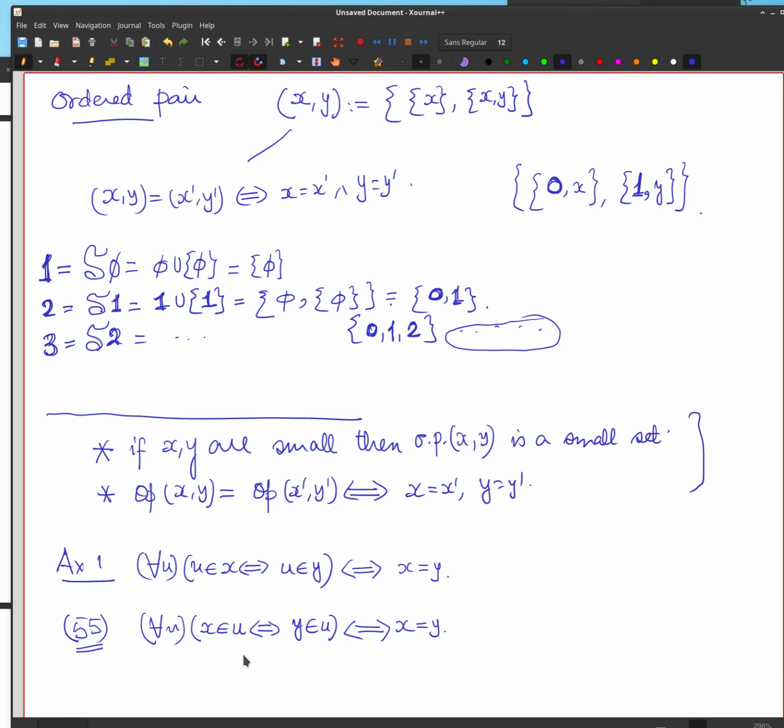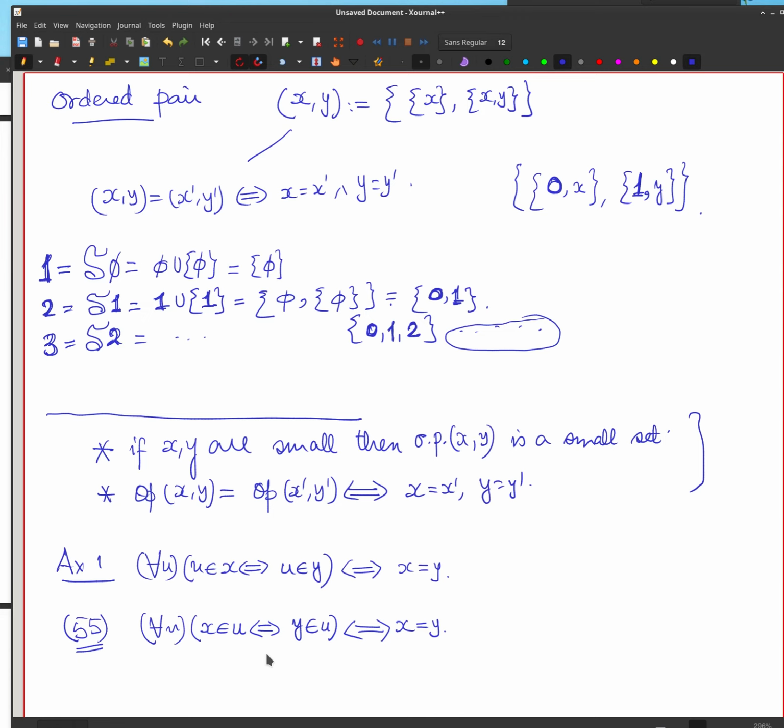Now what it is saying is, if you give me two small sets, they are equal if and only if not only what they contain are the same, but in all sets in which they are contained are also the same. So if x is contained in a set, then y must also be contained in that set. So contain and contained, as far as equality of small sets is concerned, are the same thing.